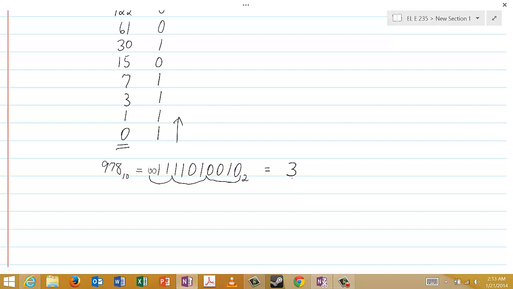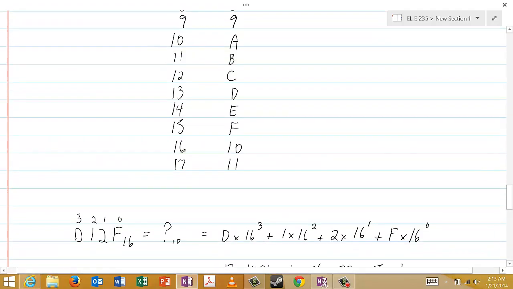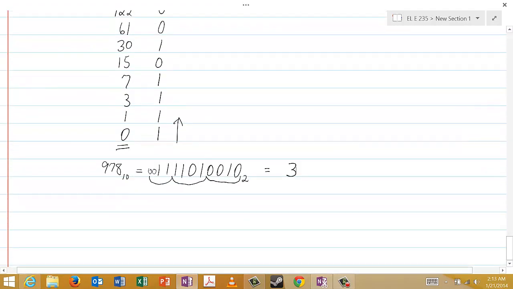But 13 in hexadecimal is D. So we have D for that part. And then finally 0, 0, 1, 0, that's equal to 2.